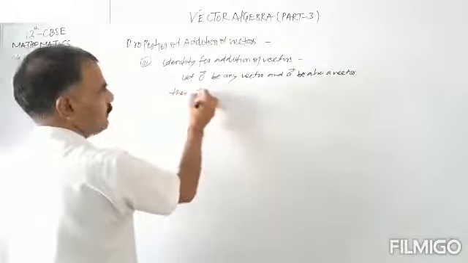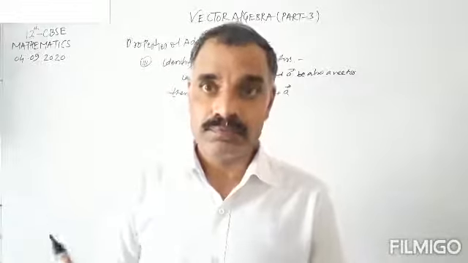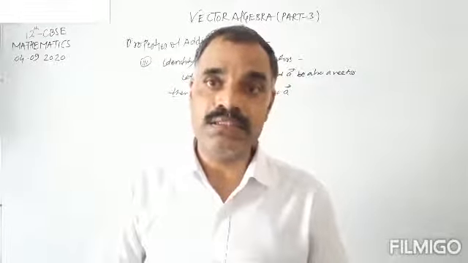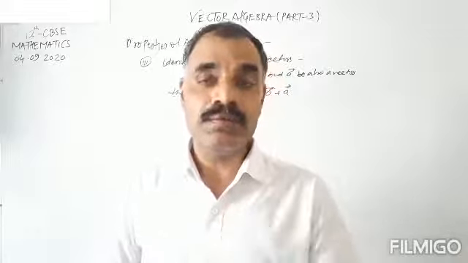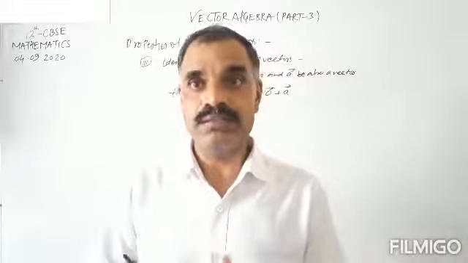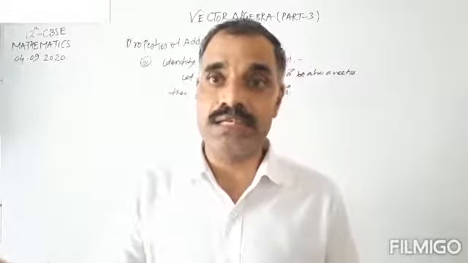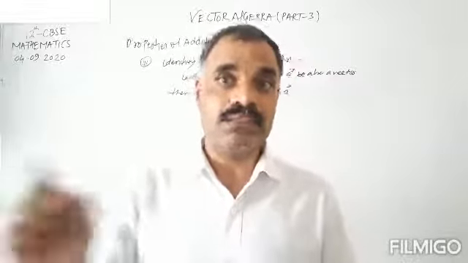Okay, if we add 0 vector to any vector, we will get the vector itself. The definition of identity says that when we add any vector with the identity, we get the vector itself. So A vector + 0 vector is equal to A vector, that is equal to 0 vector + A vector. So addition of 0 vector does not make any change in the given vector.